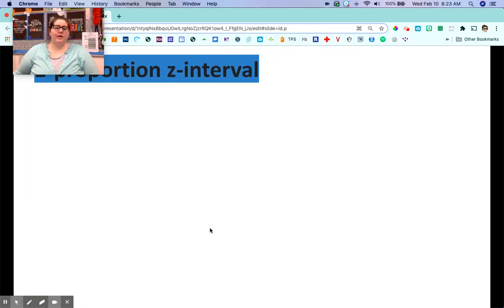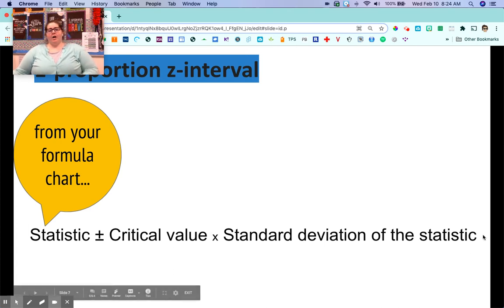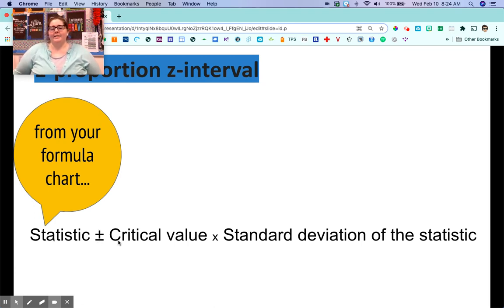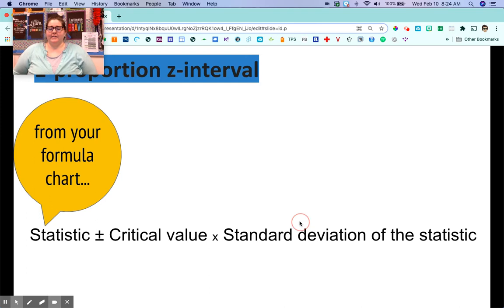So to create our interval, this is on our formula chart. It tells us to do a confidence interval: we take our statistic and then we add and subtract. These two things multiplied are the margin of error. So we do a critical value times the standard deviation of the statistic.